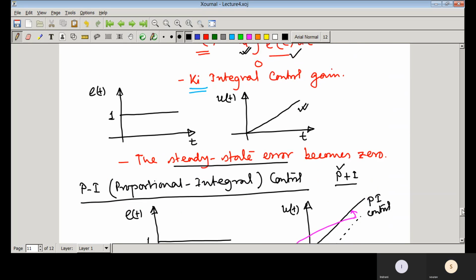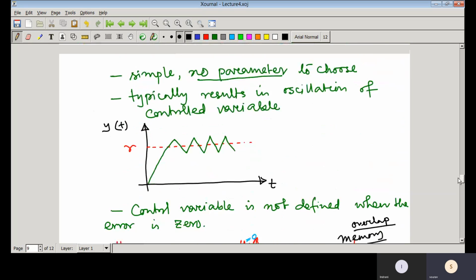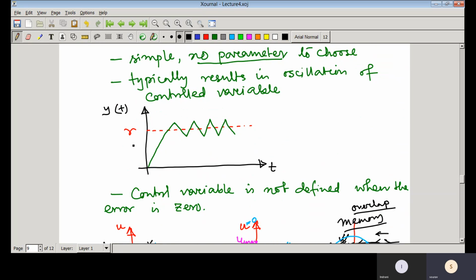you can see here, if I just show a particular diagram, just look at this particular diagram here. So R is the reference command and this is y(t). Now whenever time progresses, y(t) is increasing, and when y(t) crosses R, then the on-off control action takes place.